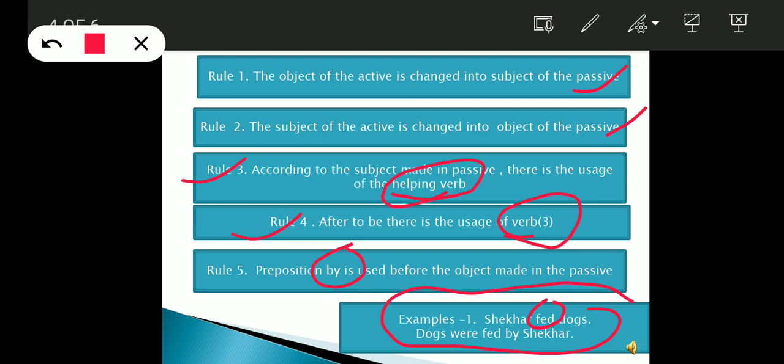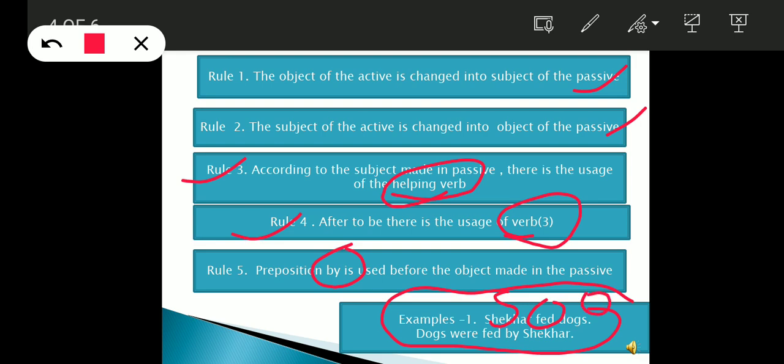But let's cross check whether dogs were fed by Shekhar is following all the rules that we remember while changing active into passive. First, as I told you, the subject of the active voice becomes the object of the passive voice, and the object takes the place of the subject.